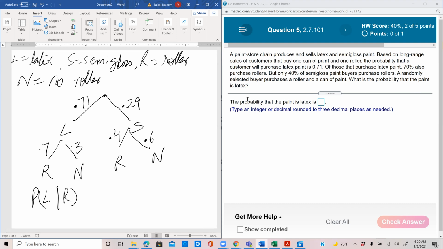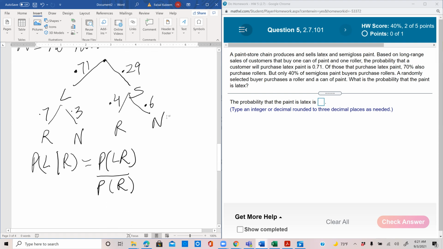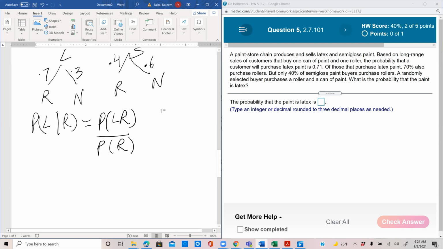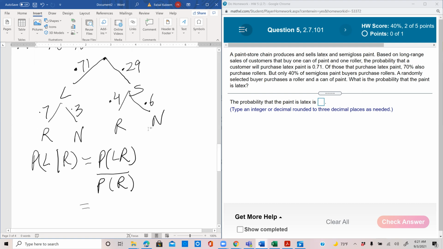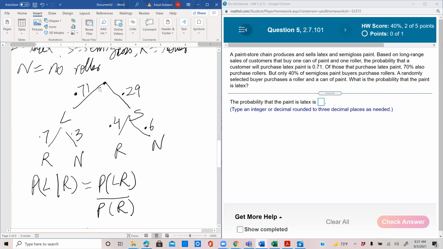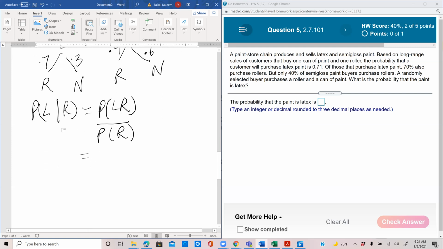So we have to find the probability of latex given roller, L given R. According to our conditional probability formula, that is probability of L and R divided by probability of R. LR would be this, 0.71 times 0.7.